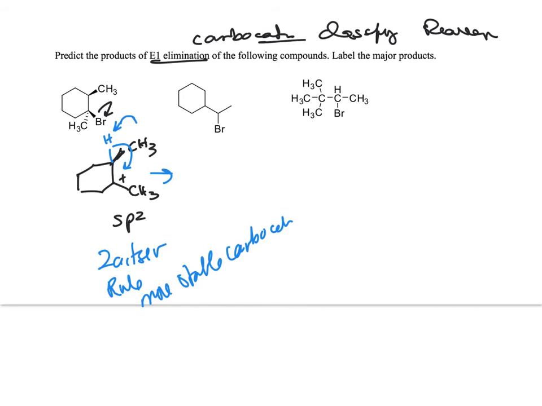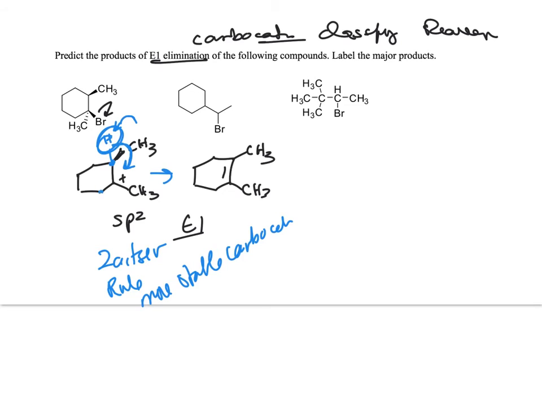Zaitsev's rule, always with E1, is going to give you the more substituted alkene. So it's this hydrogen here that is going to leave to give you the more substituted.